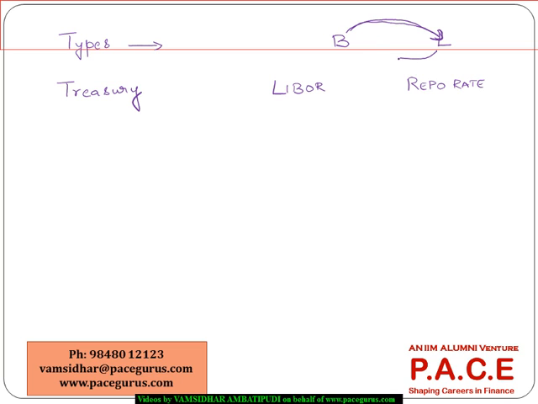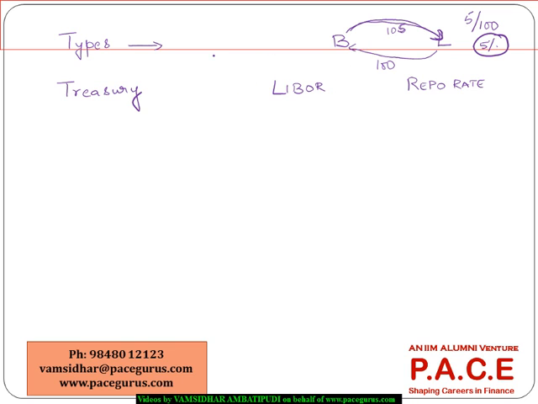Let's say the lender has lent $1,000 to the borrower. At the end of 1 year, the borrower pays 105, meaning the additional 5 paid to the lender is the interest. This 5 is paid over a 100 that has been borrowed, so I convert it into a percentage, and it works out as the interest rate for that particular period.